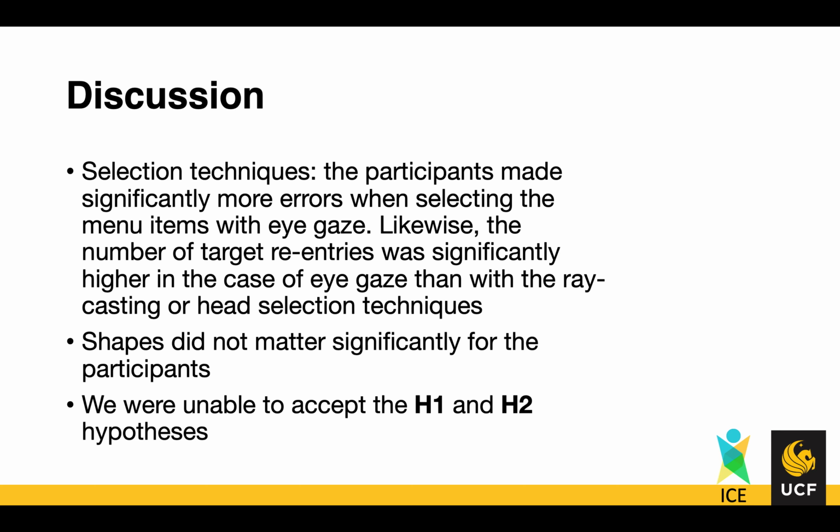And overall, shapes didn't matter significantly for the participants. Based on the results of our experiment, we were unable to accept our hypothesis. We didn't find a significant difference in our quantitative metrics in comparison with the other graphical menus.